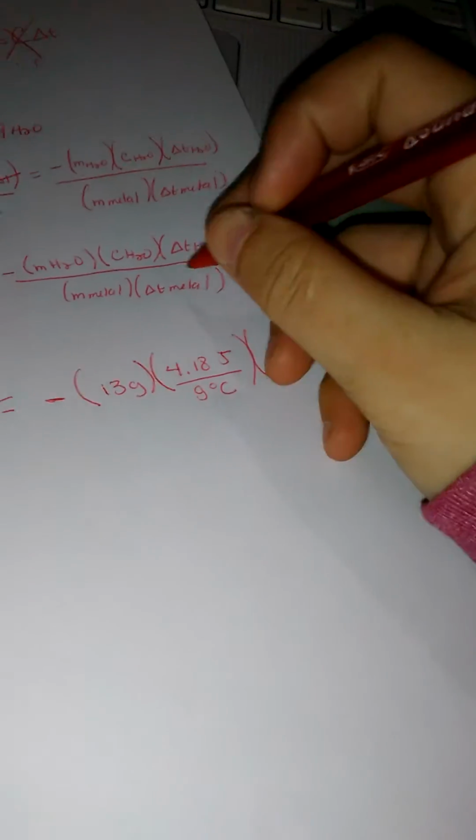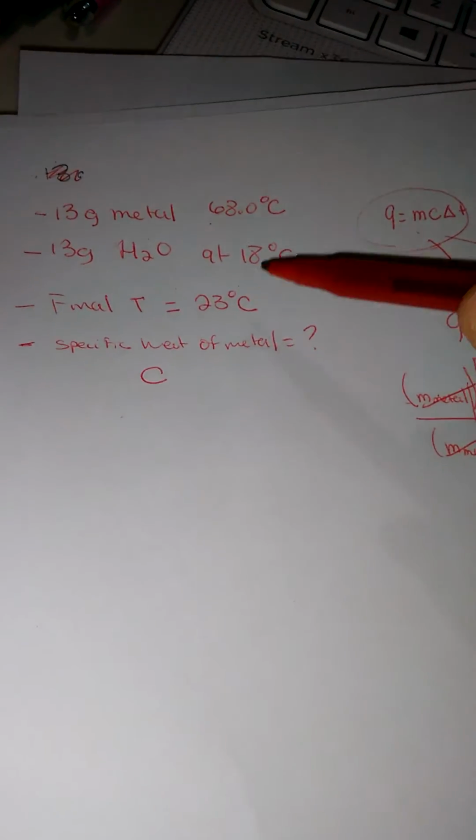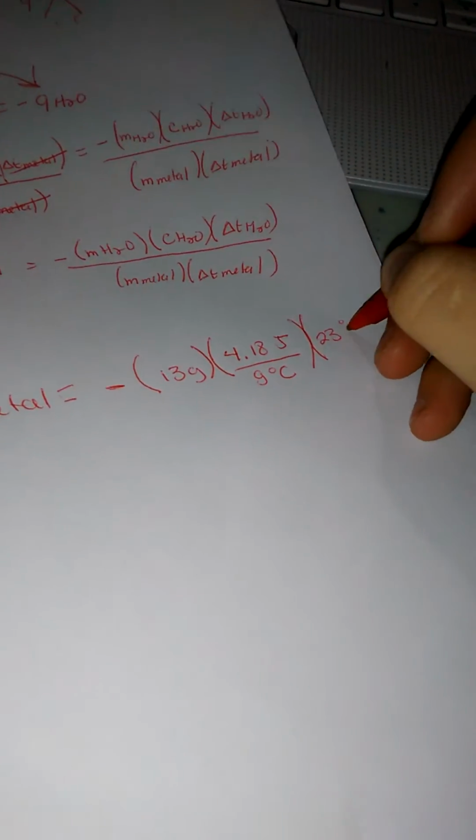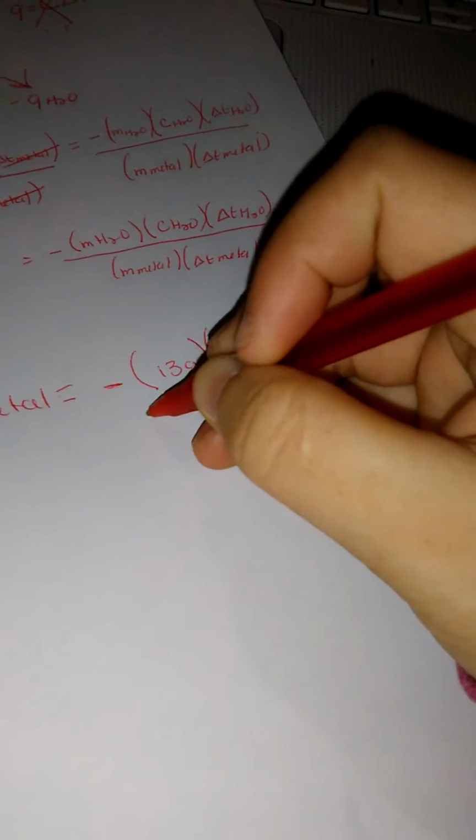And then delta T, which is final minus initial of water. So 23 minus 18 Celsius, over the mass of metal that we're given, so it's 13.